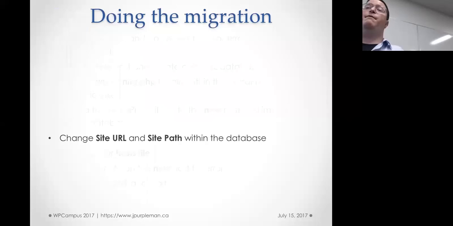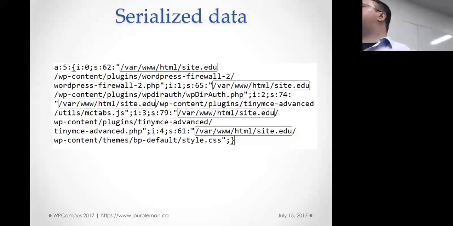Now, what people don't know and don't realize and don't think about is that internally in WordPress, there are a few different bits of information about the old host inside the database that have to get changed. So this is just one field, one value inside WordPress, inside the options table as an example.